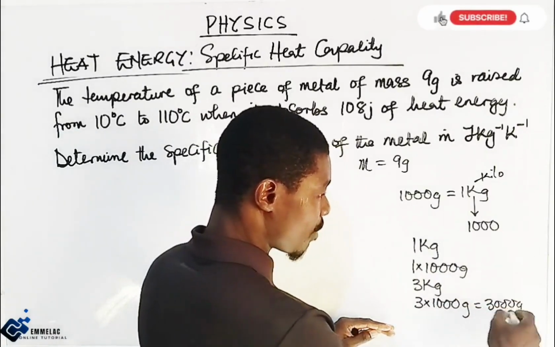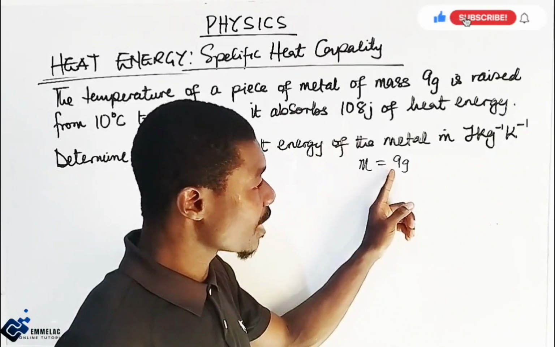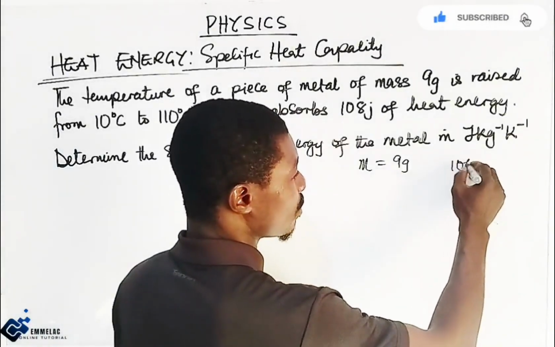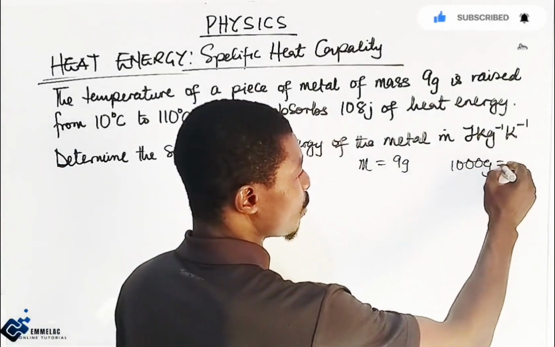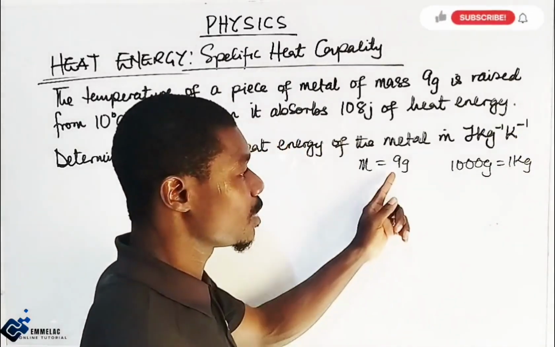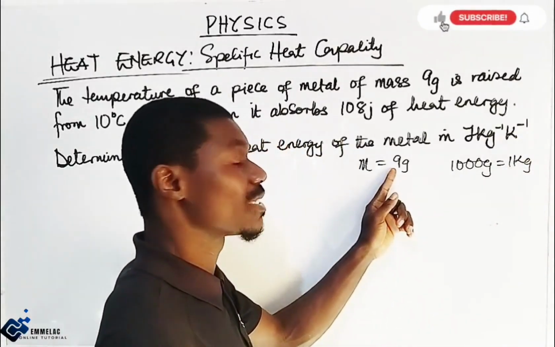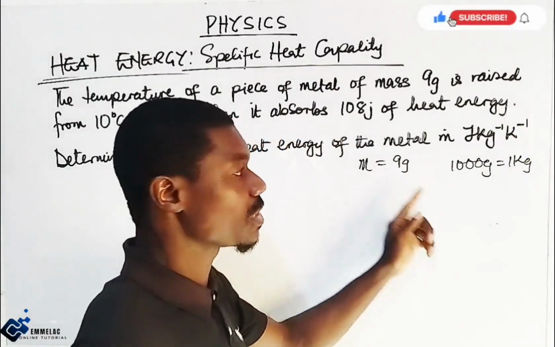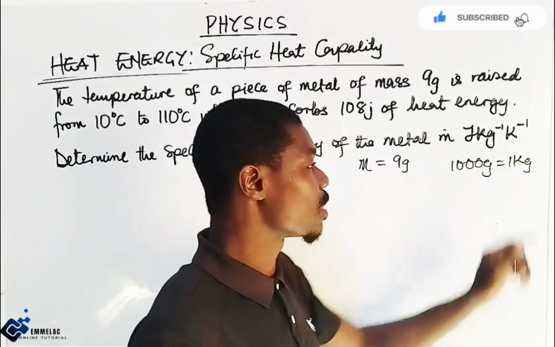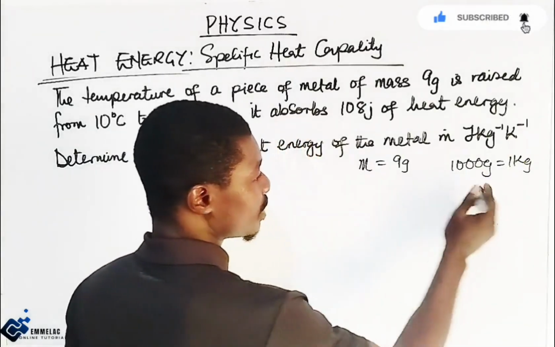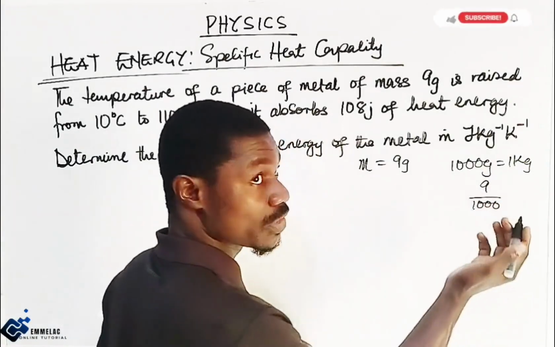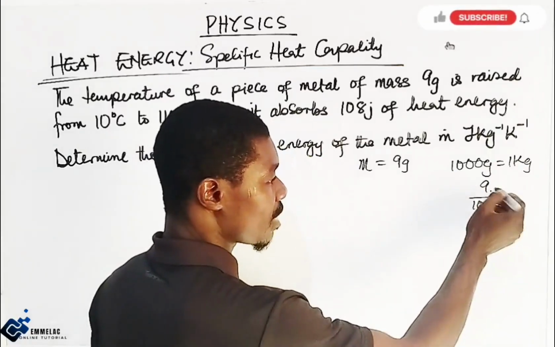How do we convert 9 gram to kilogram? If 1000 gram equals 1 kilogram, what we just need to do is to divide this 9 by 1000. What you just need to do is to take your decimal from here.